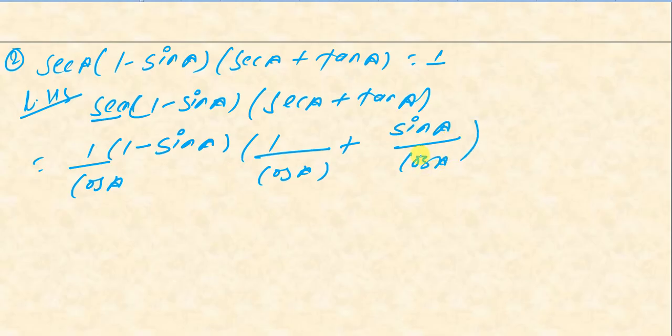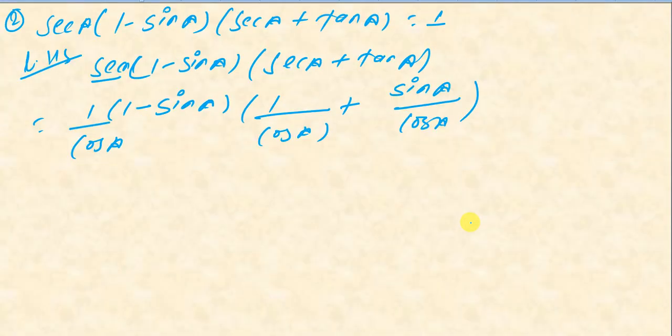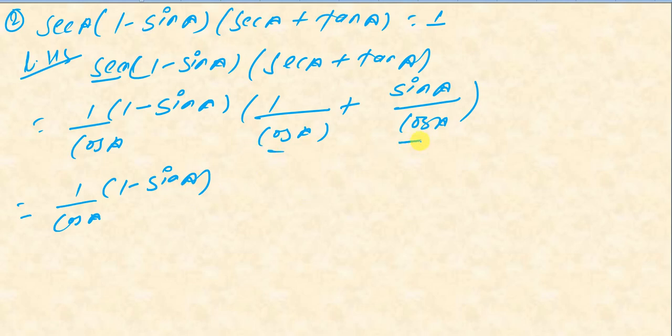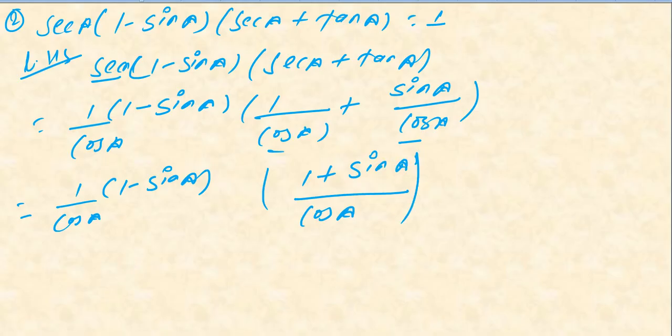You know that tan A is equal to sin A upon cos A. Next step, you can write 1 upon cos A, 1 minus sin A, same. Cos A is common: 1 upon cos A, 1 plus sin A.